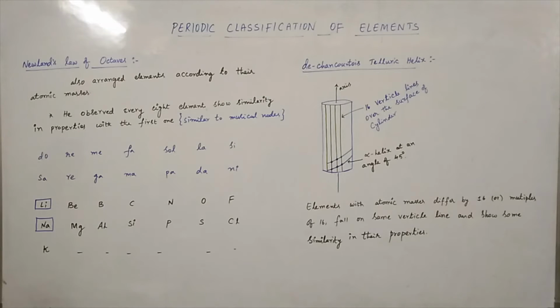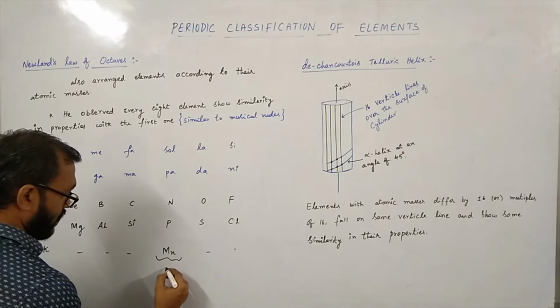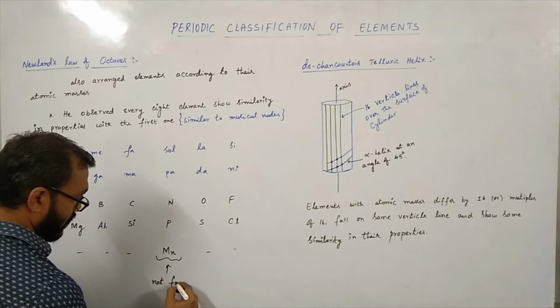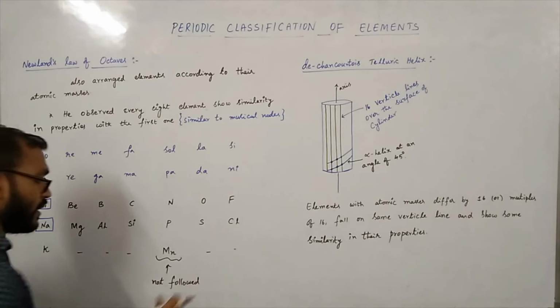But this is not successful in explaining all the elements, maybe for different reasons. Atomic masses of all the elements were not known exactly, so there may be some differences. A few elements had not yet been discovered. So there are some exceptions. It fails in the case of manganese, nitrogen, phosphorus, and also oxygen, sulfur, iron.